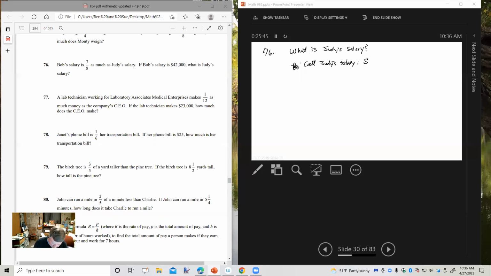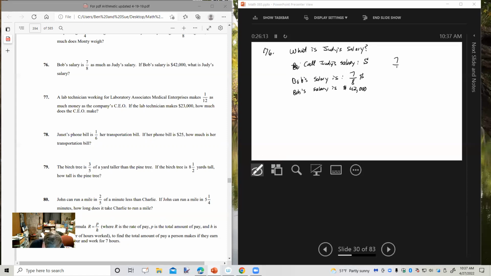Okay. So Bob's salary is 7/8 as much as Judy's salary. So it'd be 7/8 S. But Bob's salary is also $42,000.